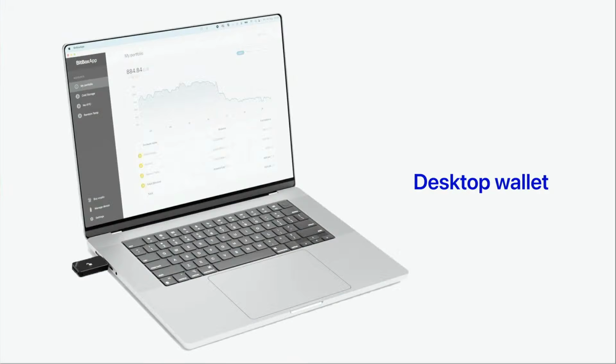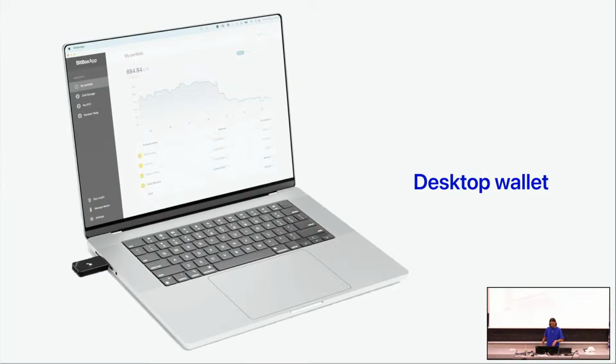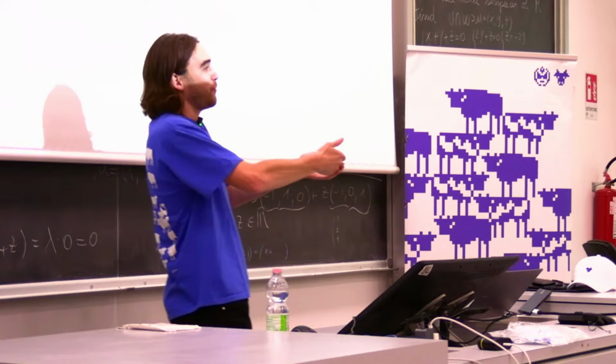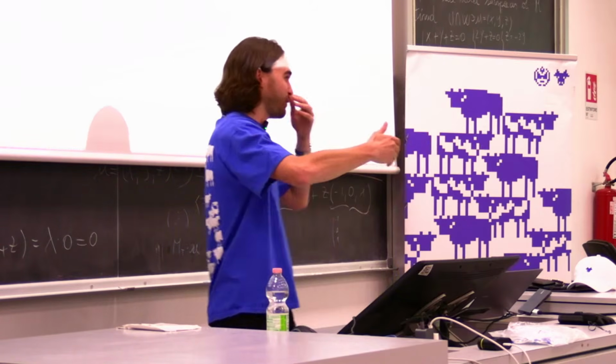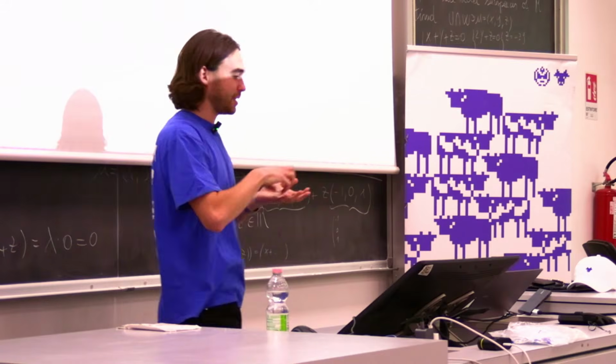So let's simplify: you can have two types of wallet. The wallet is basically where you have your money. Actually, I'm saying a technically wrong thing. The correct way is that the wallet is just a pair of keys.